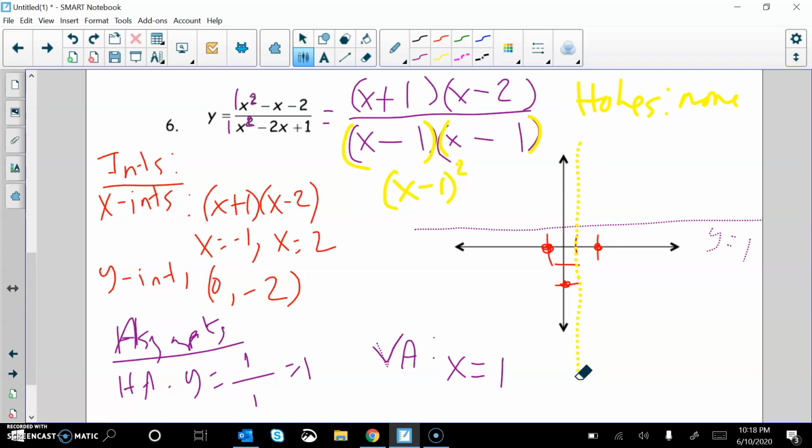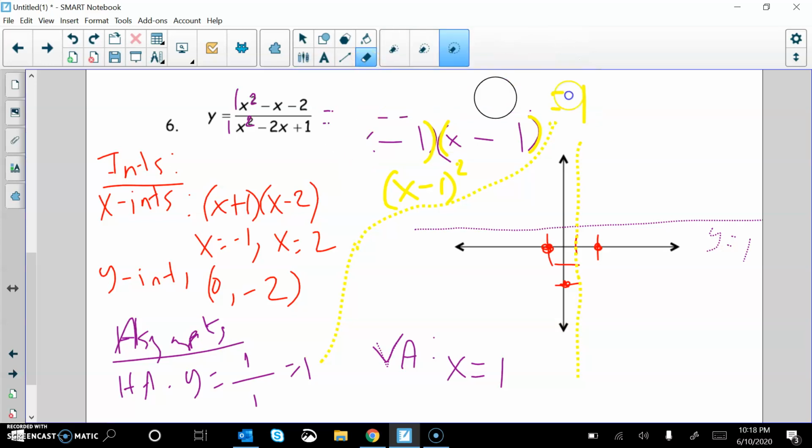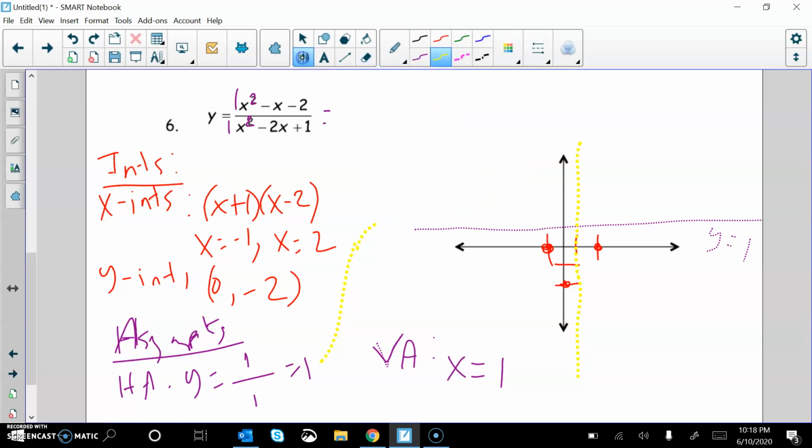So is it going to cross the horizontal asymptote? I'm going to erase that. There's no holes, so set it equal to that value. I'm going to take this guy and set it equal to it, and we have to solve for x to see if that occurs. And actually, it's going to be easier to work with the original one. So I'm going to clear this out here. So set it equal to 1, so multiply both sides by your denominator, so we're left with x squared minus x minus 2.